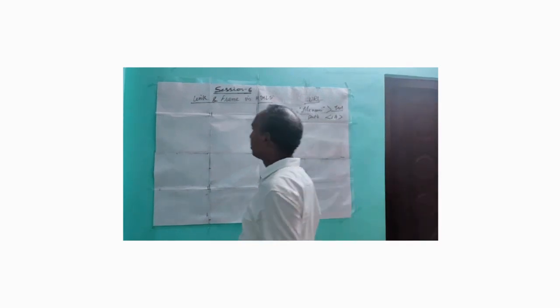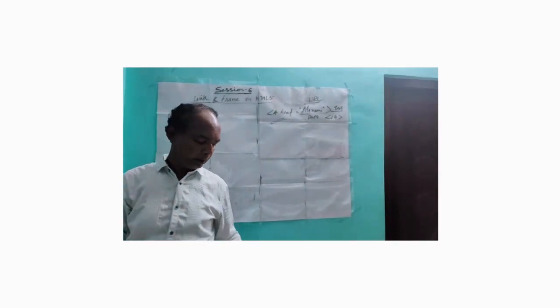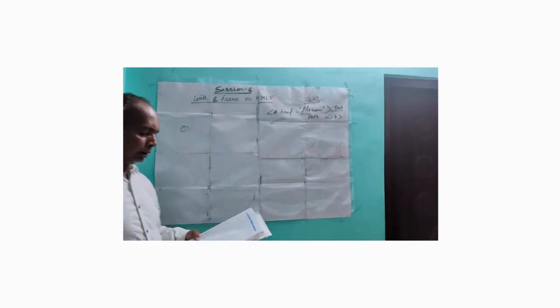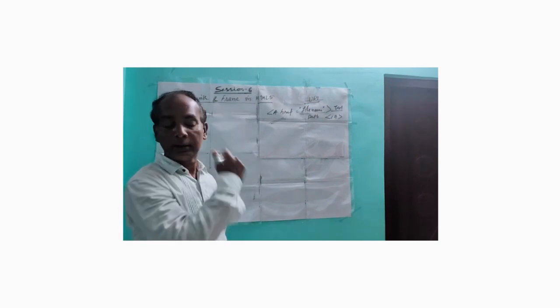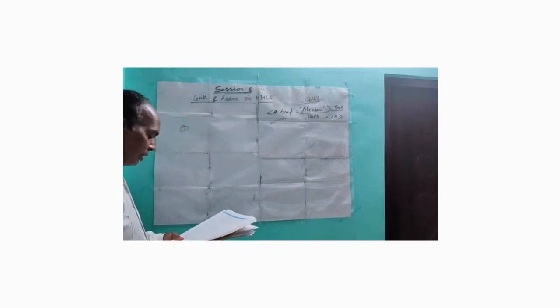So now I give you some more examples of the href attribute. The first one is if you want to link to a page on a website, then the complete address is required.